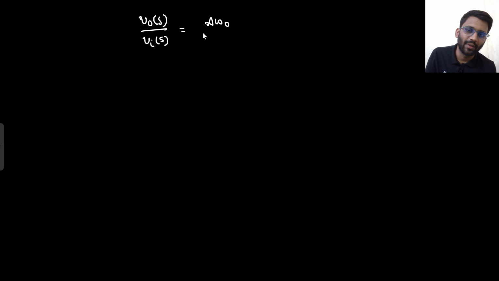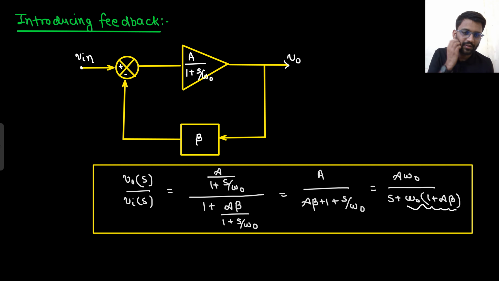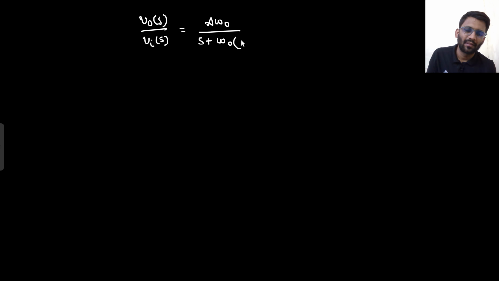So let's just take one more page. So here you are getting your V naught S by V in S as A omega naught upon S plus omega naught into 1 plus A beta. Right?